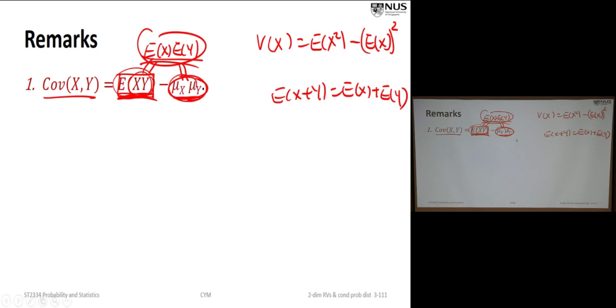It means that if x, y are independent, then the covariance of x, y is equal to 0. Let me repeat it. We can show that if x, y are independent, which I don't want to do here, then expectation of xy equals expectation of x times expectation of y. In that case, the covariance of x, y is equal to 0.